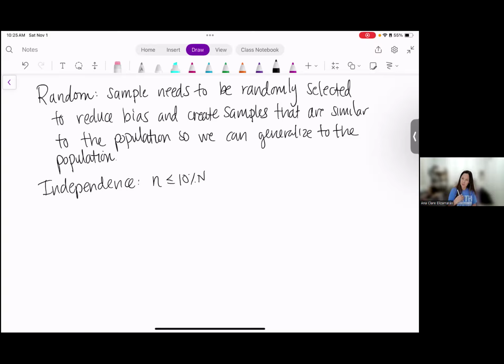And the way that we typically check this is we'll multiply our sample size by 10 and compare that to the population.